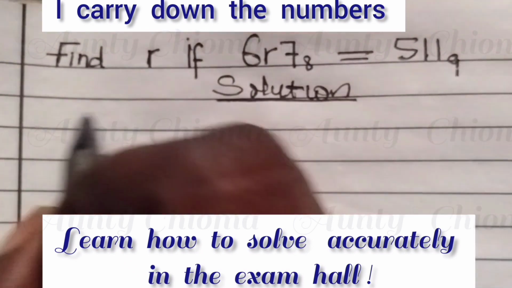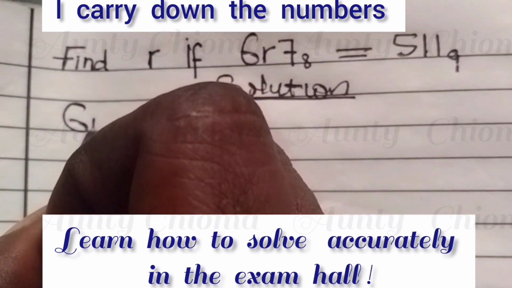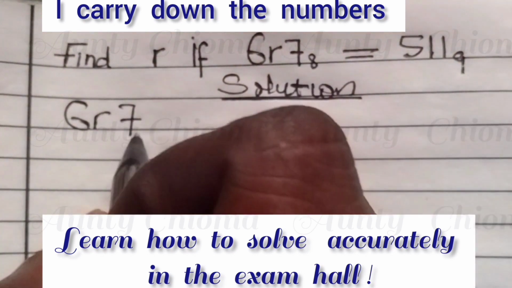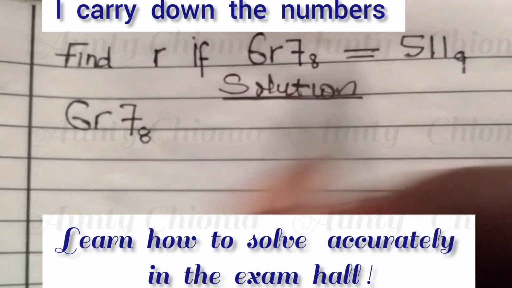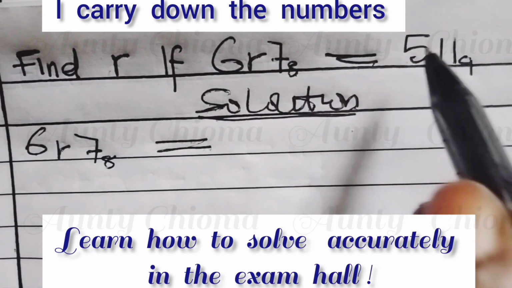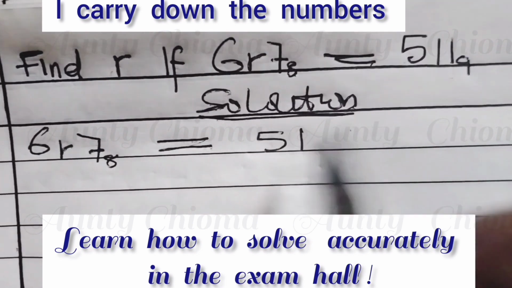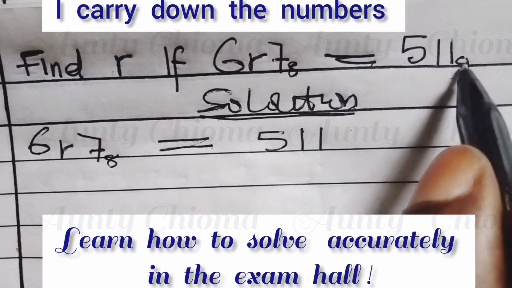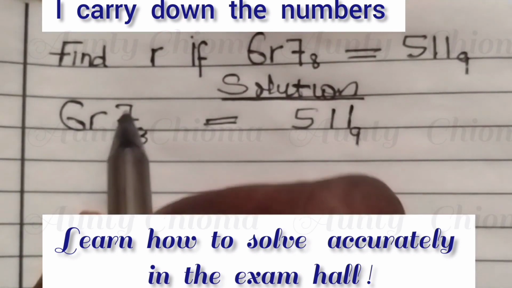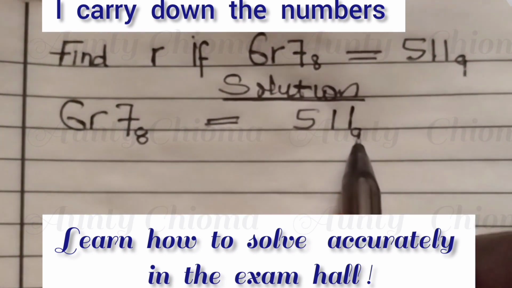I start with 6R7 in base 8 is equal to, I come to this side and write 511 in base 9. So 6R7 base 8 is equal to 511 base 9.